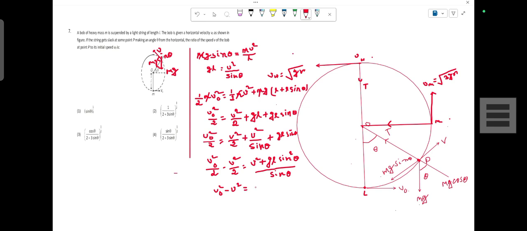Then 2v square plus 2gL sin square theta by sin theta.